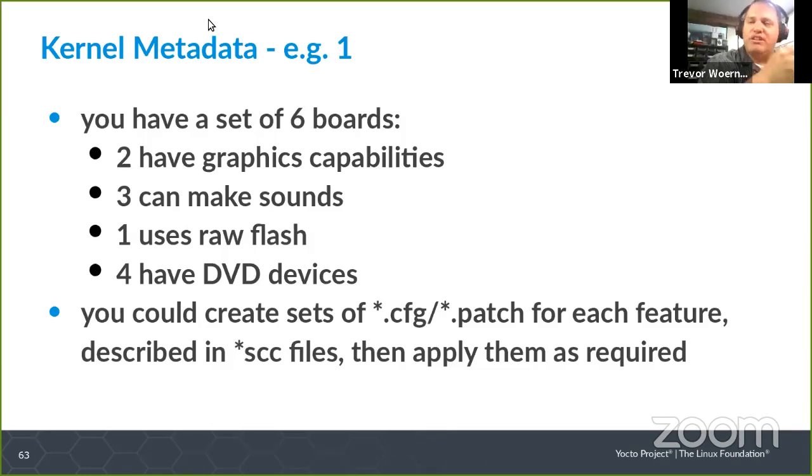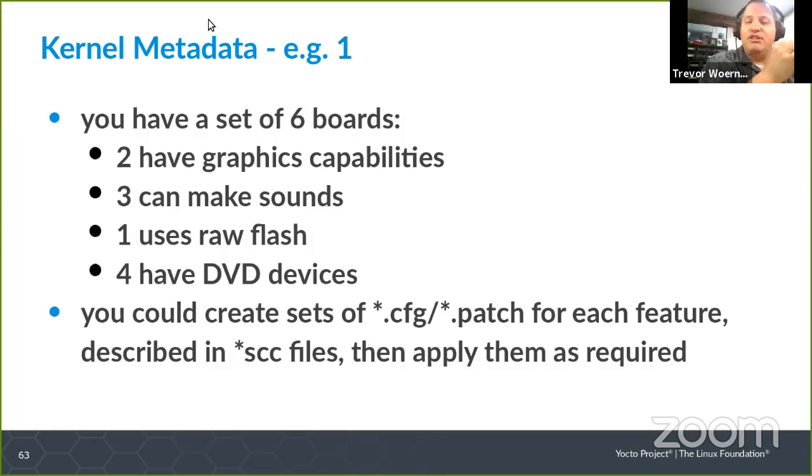So it's a way of organizing, because the simple way of doing that would be to create full defconfigs for all of your boards, all 6 boards. But if you realize that, oh, in the DVD kernel config, I forgot to add this or that, or I need to add this device, you would then have to go to all 6 and make sure that you fix them properly.